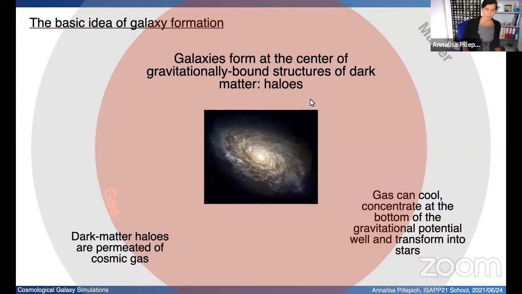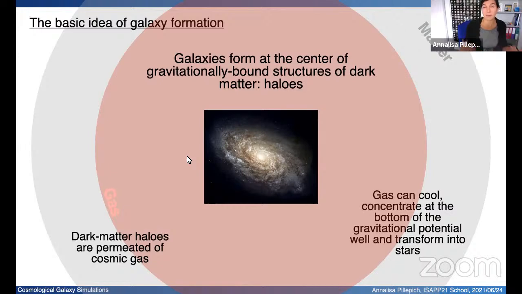Okay. At the core of our modeling of galaxies in the cosmological context is this picture. Our standard cosmological model predicts the formation of dark matter halos, for example cold dark matter halos. Cosmic gas permeates the cosmic web as well as dark matter halos. But galaxies, we know, form at the center of these gravitationally bound structures. Galaxies are made of stars.